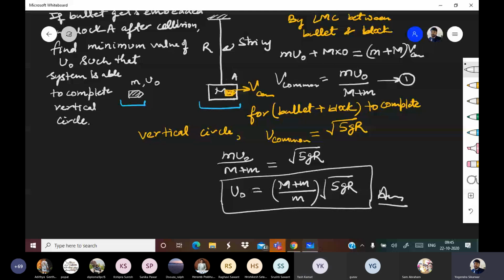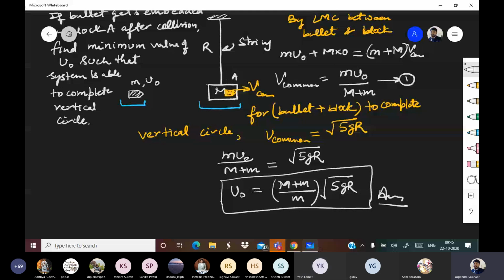I have clearly said that if any object is tied to a string and it wants to complete the vertical circle, the minimum value at the lowest point should be root 5 gr. Clearly said, if anything is tied to a string and it wants to complete the vertical circle, the minimum value should be root 5 gr.